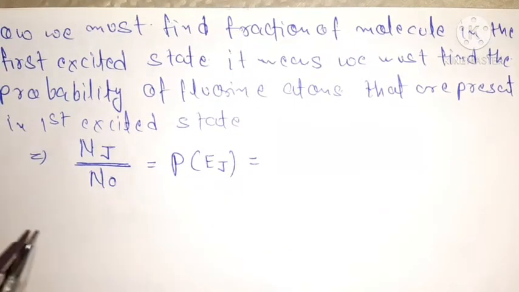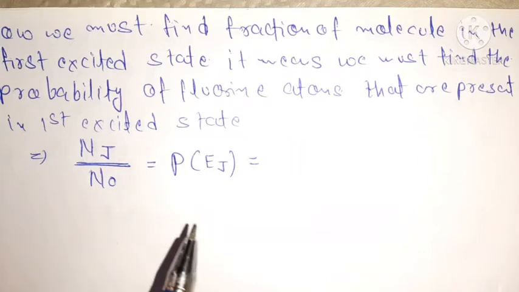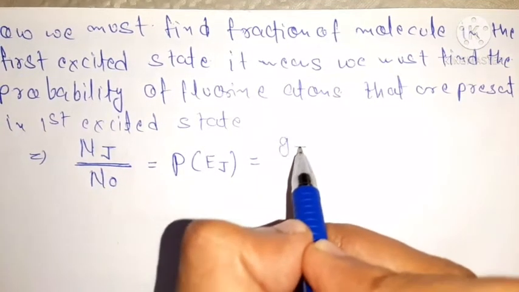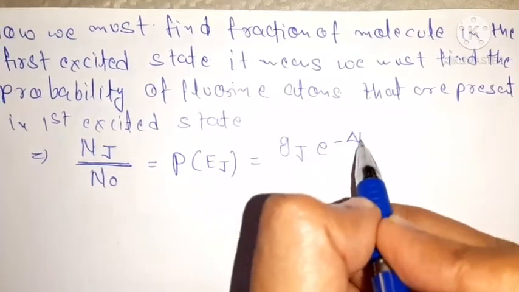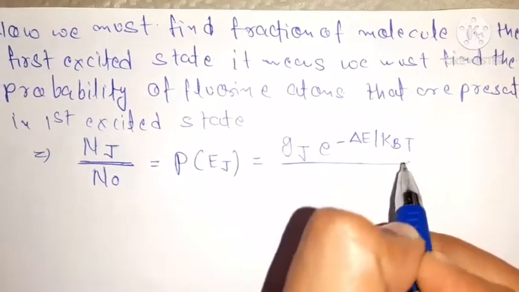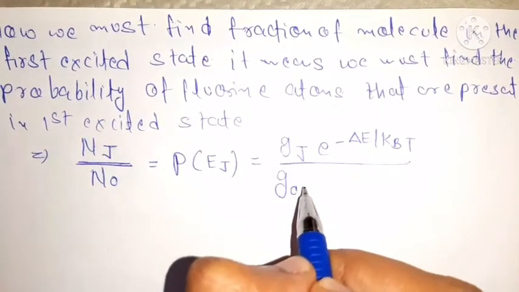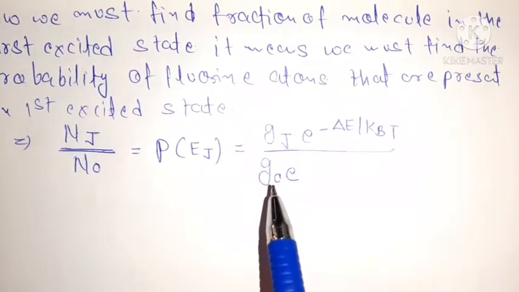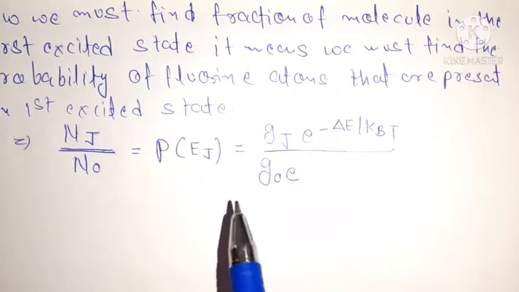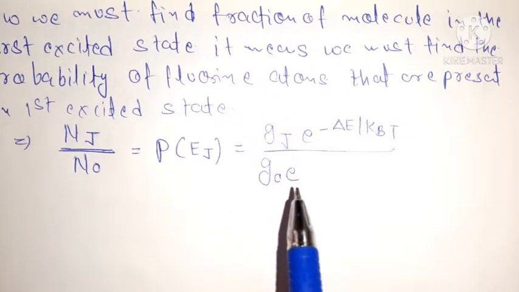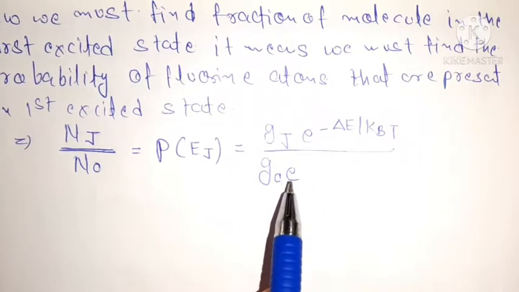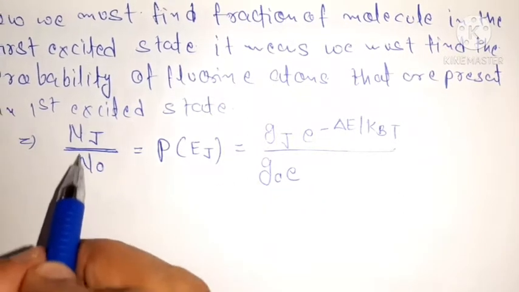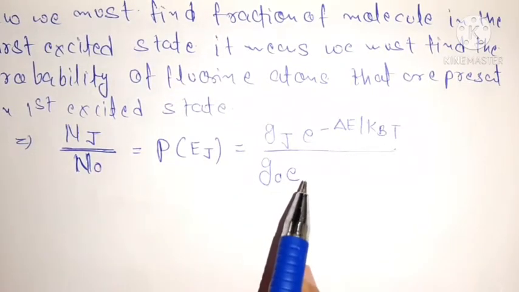And we know the formula for Nj upon N naught, the relative population of an energy level, is given by G into e to the power minus Ej upon Kb into T. So the probability is Gj into e to the power minus delta E upon Kb T, upon G naught, into e to the power, and the denominator is the summation of e to the power minus Ej upon Kb into T. The summation is over the ground energy level and the excited energy level.